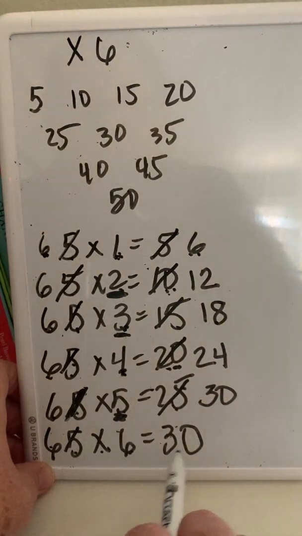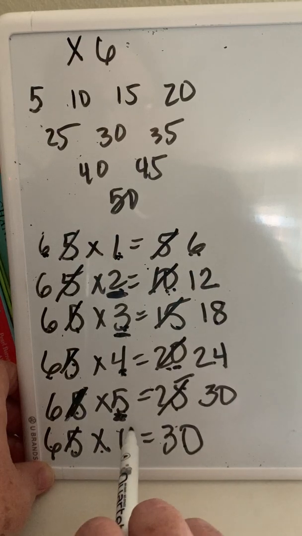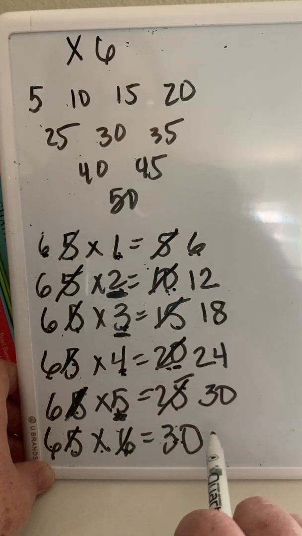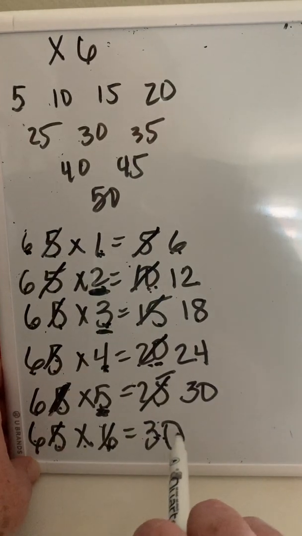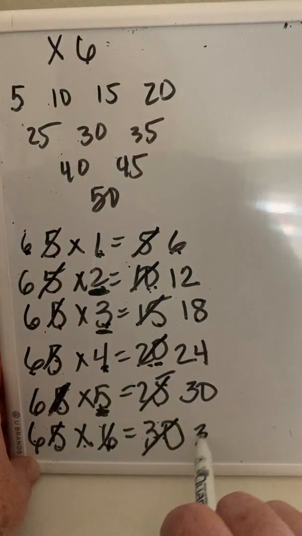If 5 times 6 was 30, you're putting one more 6 to this answer. This was the answer to 5 times 6. 6 times 6 is just one more 6, 36.